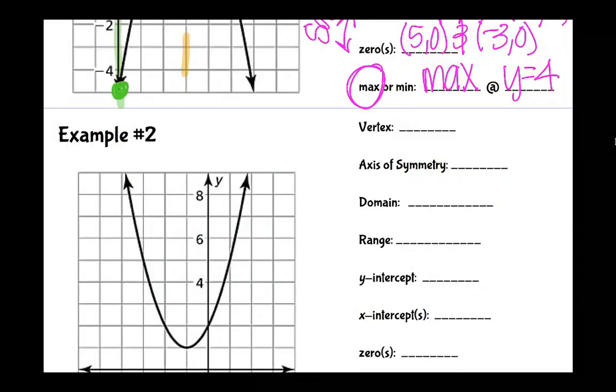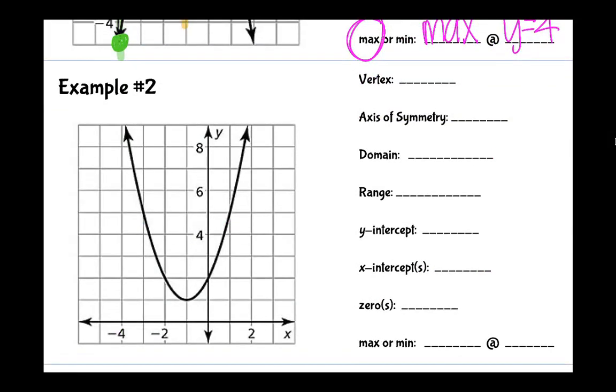So let's look at the next one. Okay, this time we've got our parabola. It is facing upward, right? So I know I have a min, a minimum. The vertex is going to be this lowest point right here, and that's over -1, up 1.